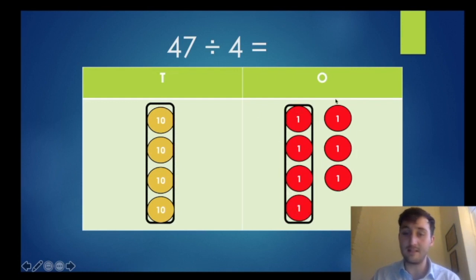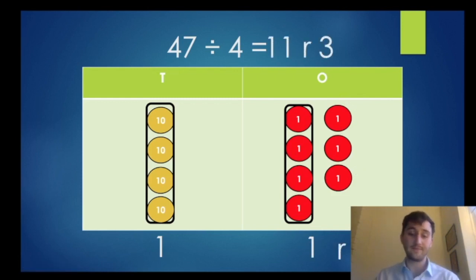I cannot be circling this because there's only 3. It's not a 4, it's only 3. So my answer must be I've got one full group of 4 here in my 10s, I've got another group in my 1s, and then I've got 3 remainder. So I would represent that as a remainder 3, just like so. Well done if you did get that one right.